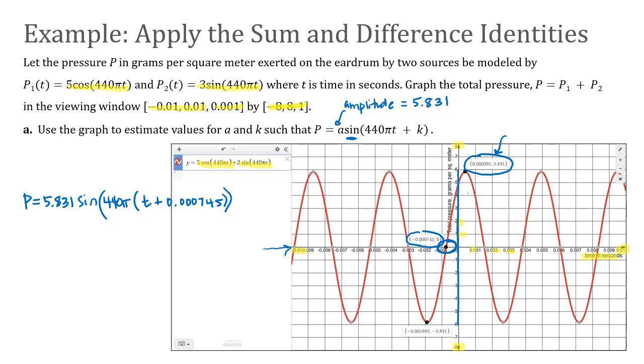Now, what is my k value? My k value is going to be whatever 440 pi is times 0.000745.